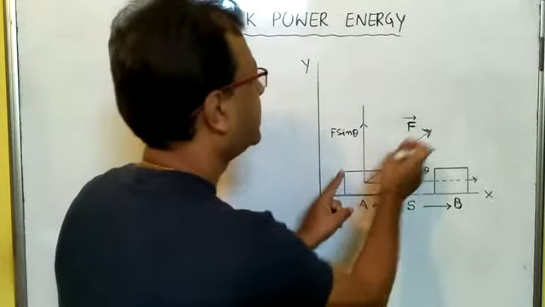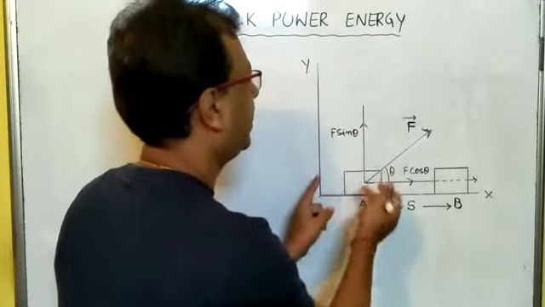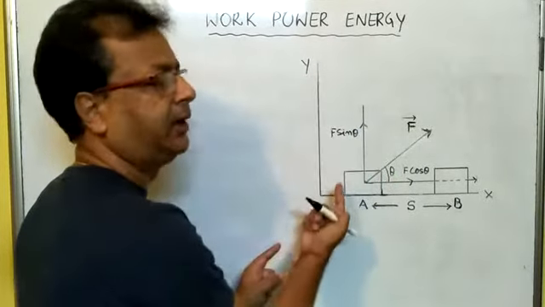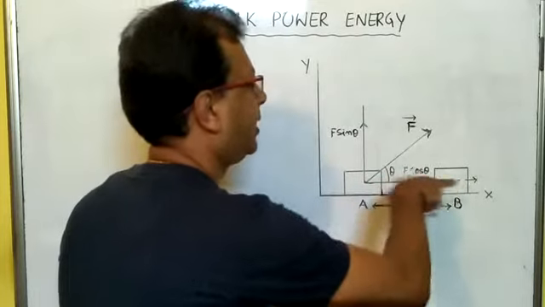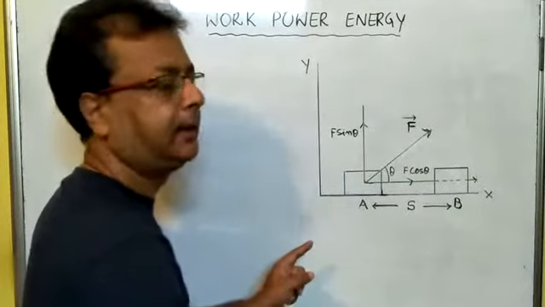F sin theta is acting vertically, and F cos theta is acting horizontally.